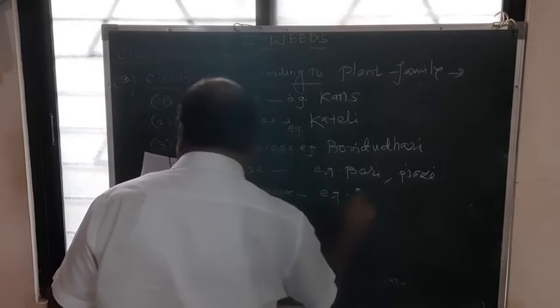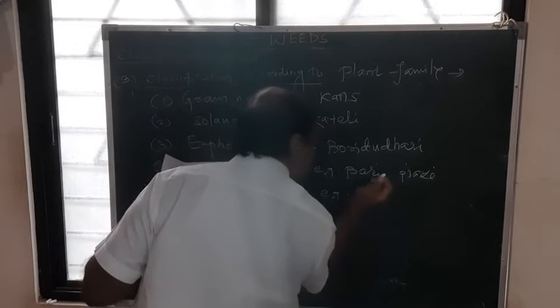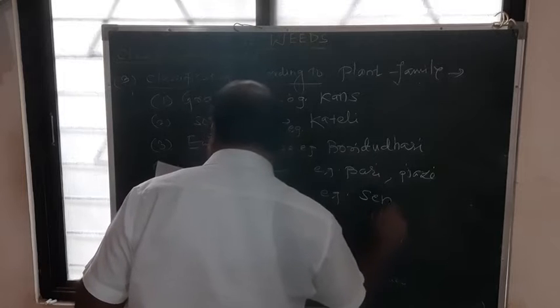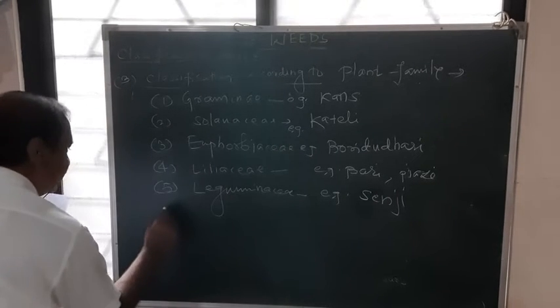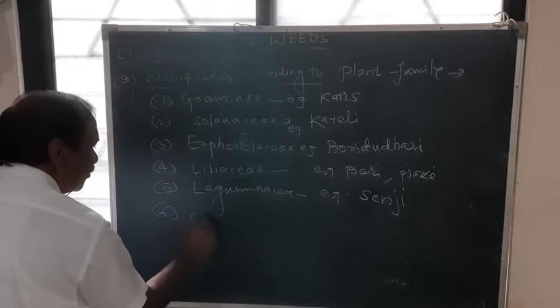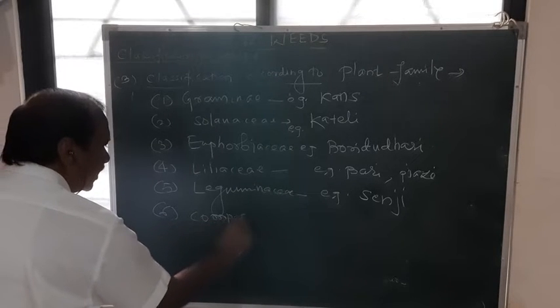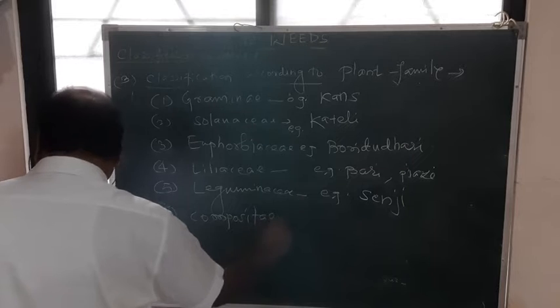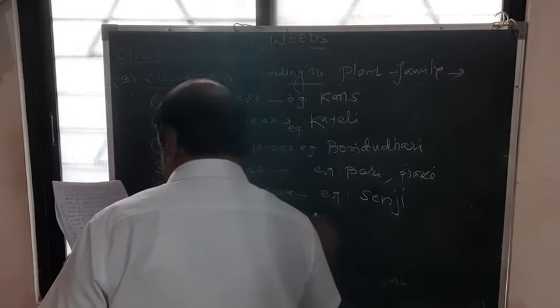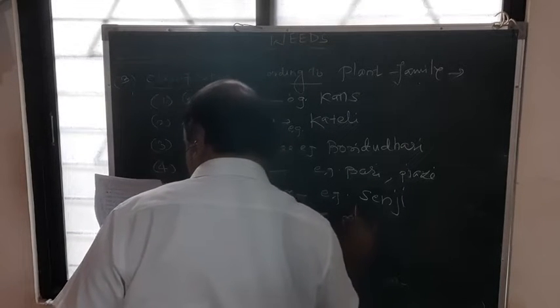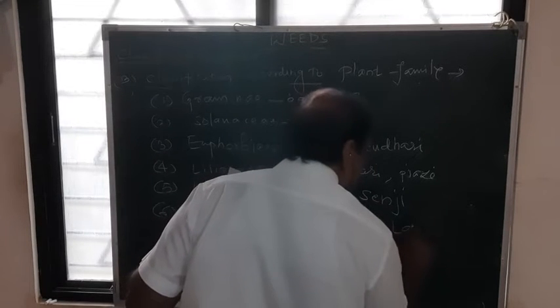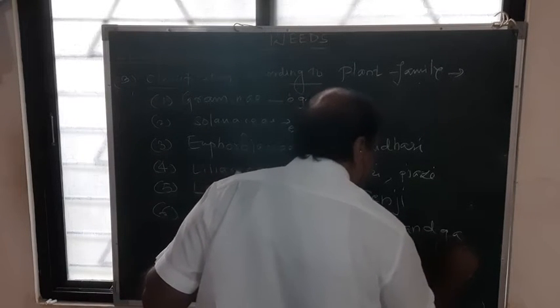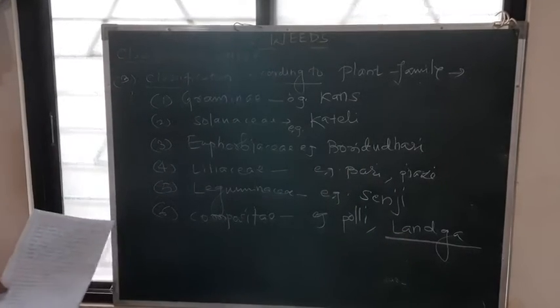Example is Sanji. And sixth is family Compositae. Example is Pillow, or second example is Landga, generally present on roadsides.